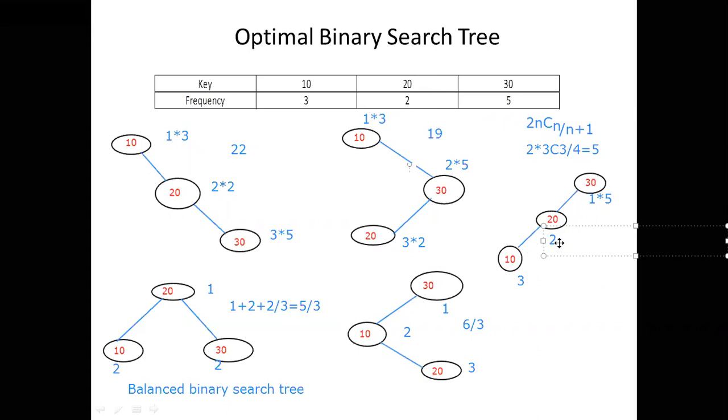That is why 2 into 2, right? 10 has to be compared how many times? 3 times. It is 3 into 3. What will the answer be here? 3 into 3 is 9, plus 2 into 2 is 4, plus 5. The answer will come as 18 here. Right.